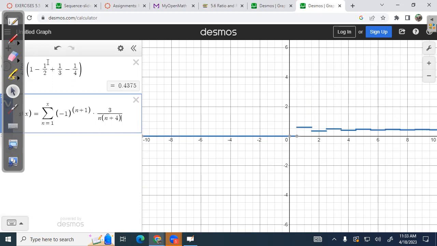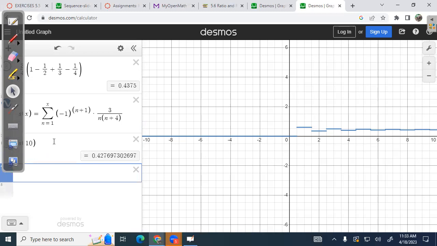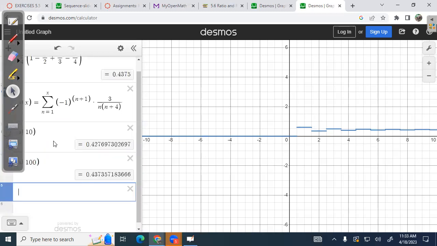So that's the series I was given with n's instead of k's. And I'm going to find the 10th partial sum and the 100th partial sum, because the computer can do them so fast, and the 1000th partial sum.